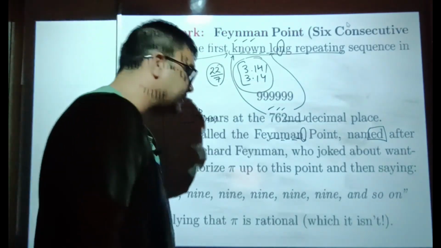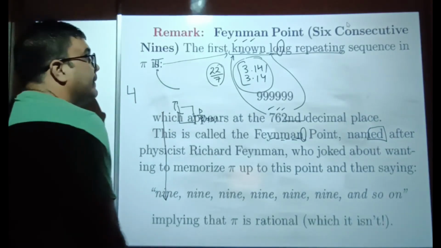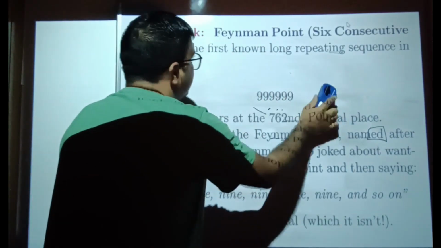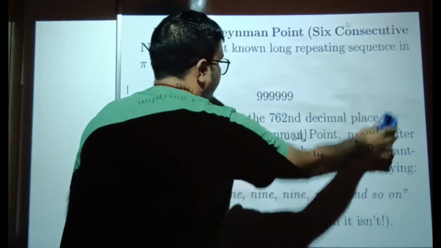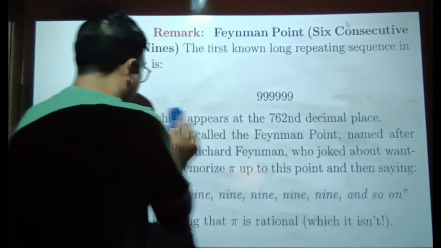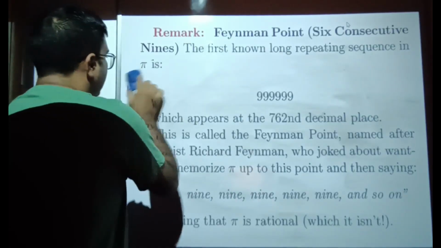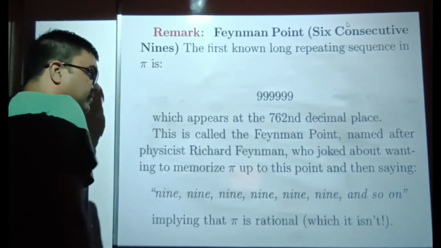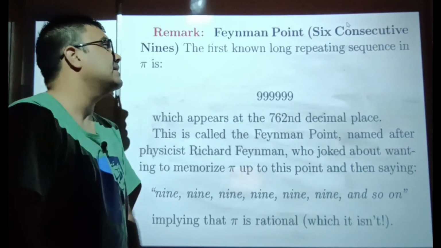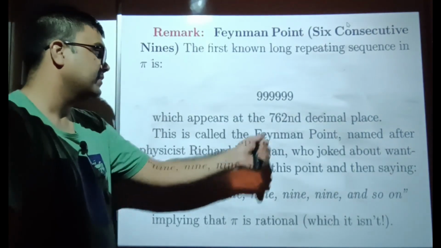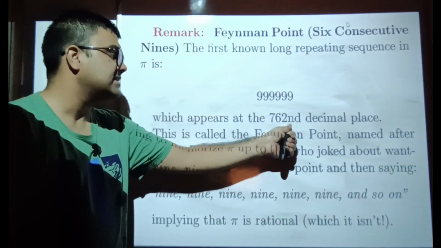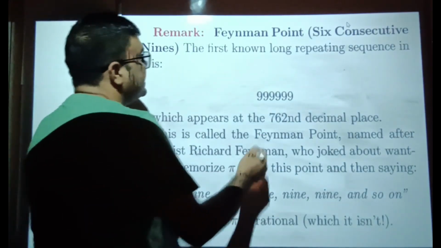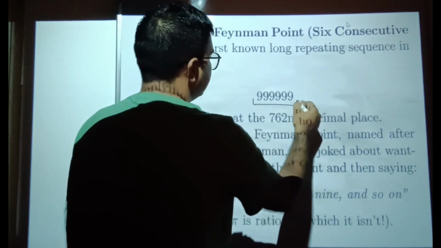Now another interesting thing to note about pi is the Feynman point. Suppose we start writing the value of pi. If we start writing the value of pi, an interesting pattern is seen. At the 762nd decimal place, this 9 is repeated 6 times.